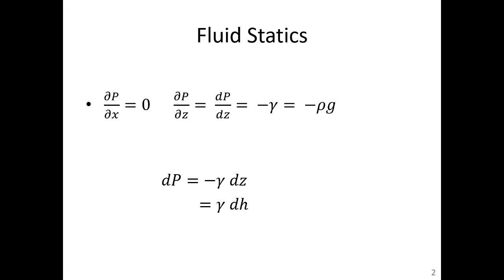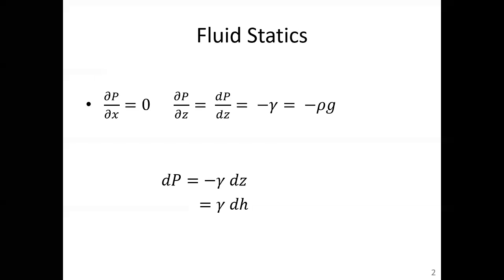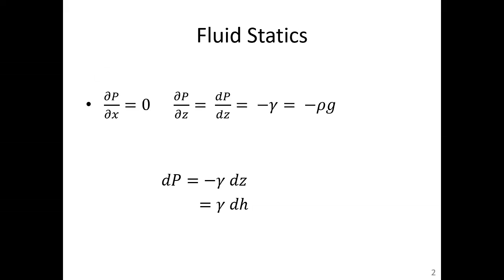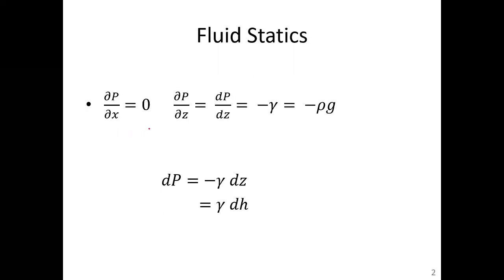So this is review. We looked at fluid statics, and what we developed was that when we just have acceleration due to gravity operating, there is no change in pressure in horizontal directions. Okay. No change in pressure in the horizontal directions. And we will see a change in pressure in the vertical direction. Again, we started out with partial derivative.